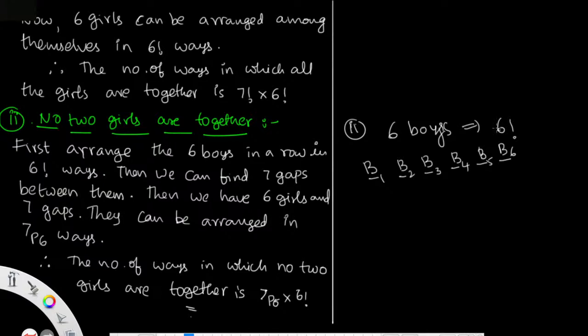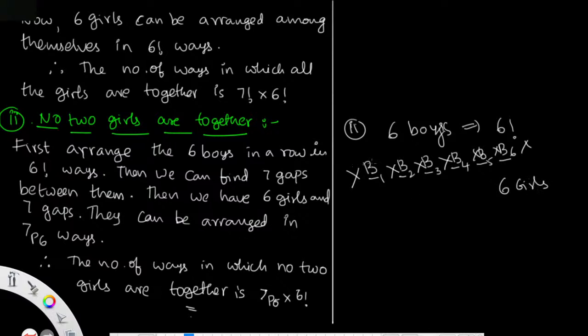No two girls are together means you have to use the gap method. We find the gaps in between the boys. So 1, 2, 3, 4, 5, 6, 7 gaps will occur. In these 7 gaps between the boys we have to arrange the 6 girls. How many girls are there? 6 girls. 6 boys and 6 girls.